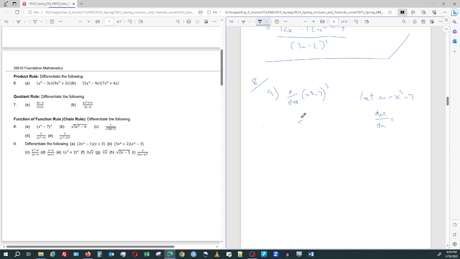I've got to say d du of u cubed, and that is going to be equal to something. This is the difference between assigning y as an equation and just using an expression. So it's important that we get to do that. So du dx is going to be 2x, and this one's going to become 3u squared.